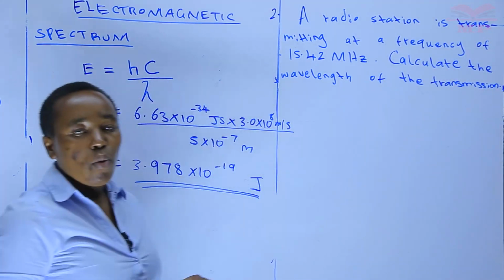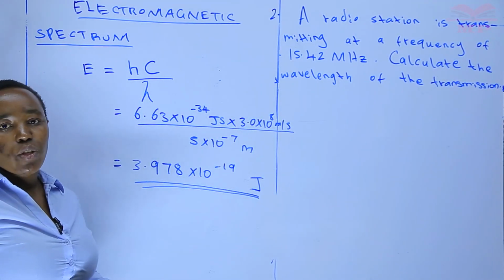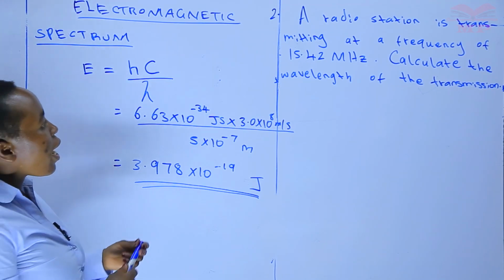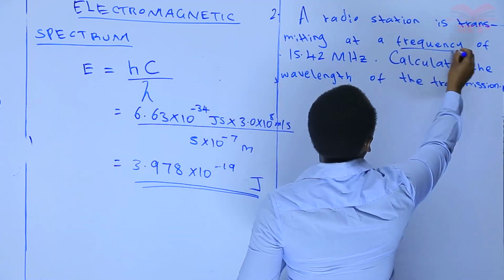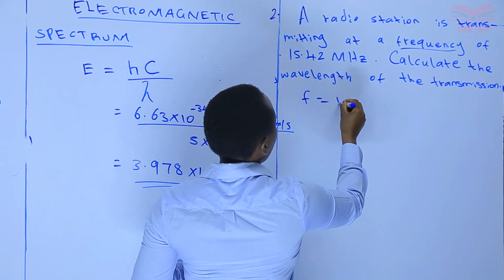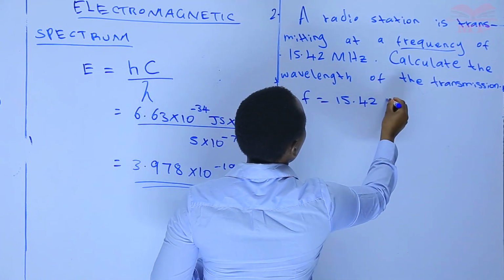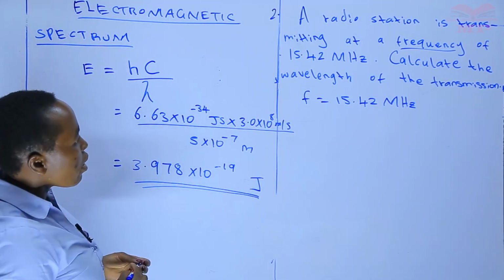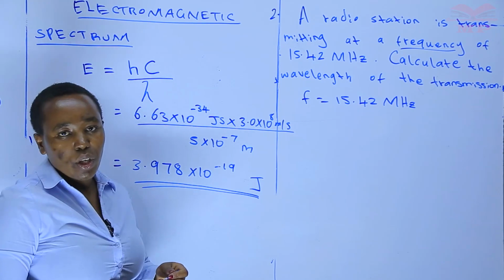So again, we analyze that question. What are we given and what is in question? So we have a frequency, given as 15.42 megahertz. Then what else are we given in the question?